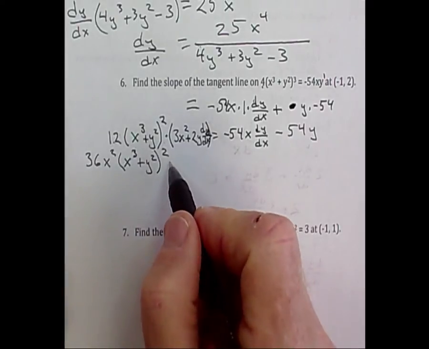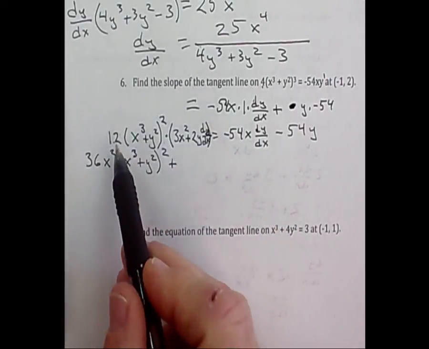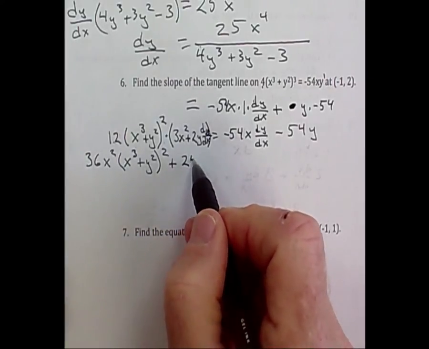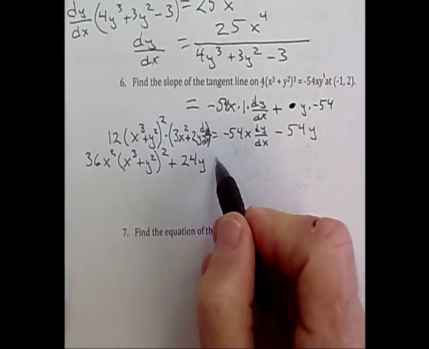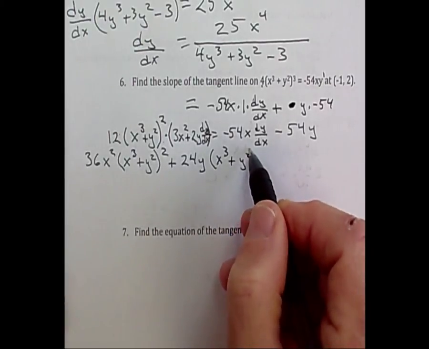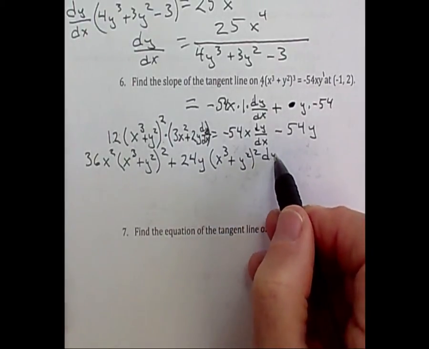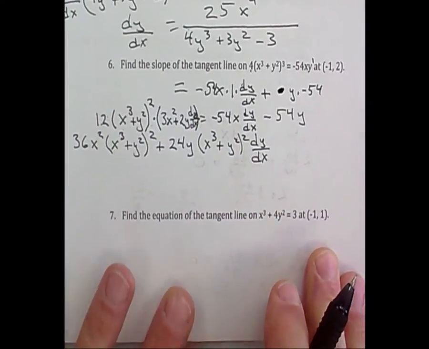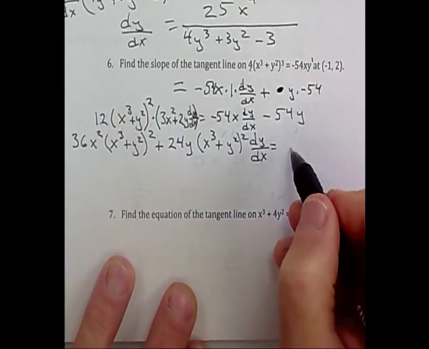And then I'm going to have plus 12 times 2, which is 24y, and then I'm going to leave this x cubed plus x squared, squared alone, and then dy dx, and then it's equal to this.